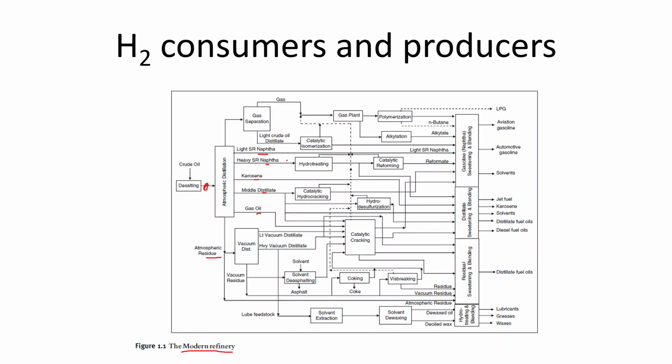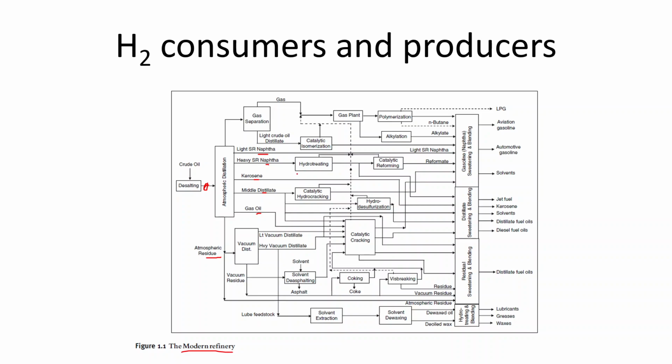The heavy naphtha goes via hydrotreating. As we discussed last time, the goal of this unit is simply to remove the impurities before it goes to the catalytic reforming unit, where the catalyst is very sensitive to impurities.